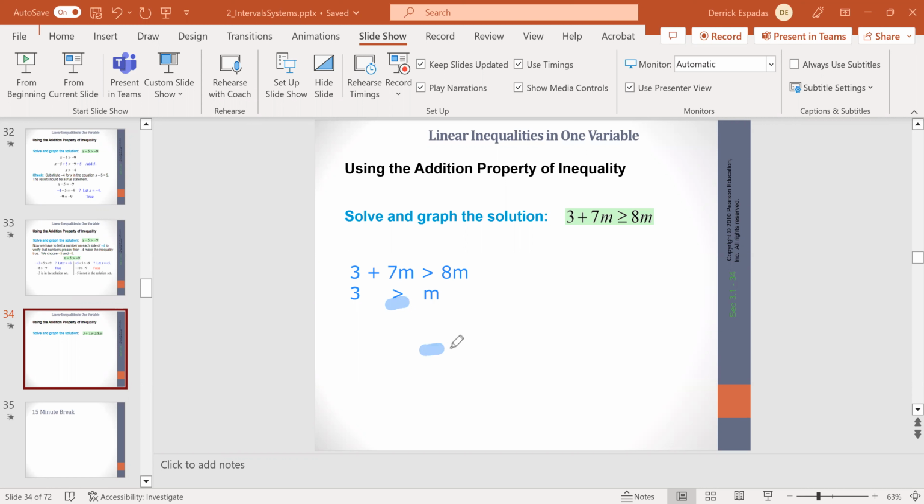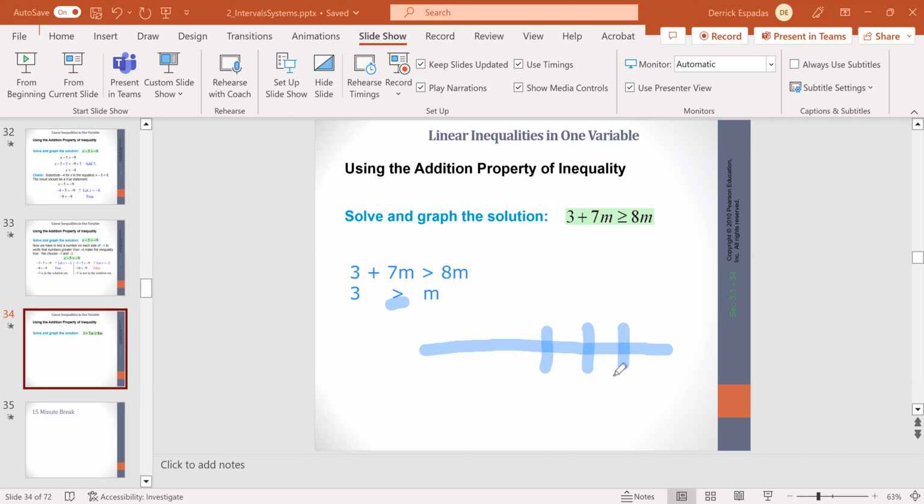So we draw our number line. So 3 is bigger than m. So whatever m is. Or actually, in this case, because it's on the other side, 3 is bigger than or equal to m. So let's go ahead and do that one. That's 2, that's my angry little dog in the background.